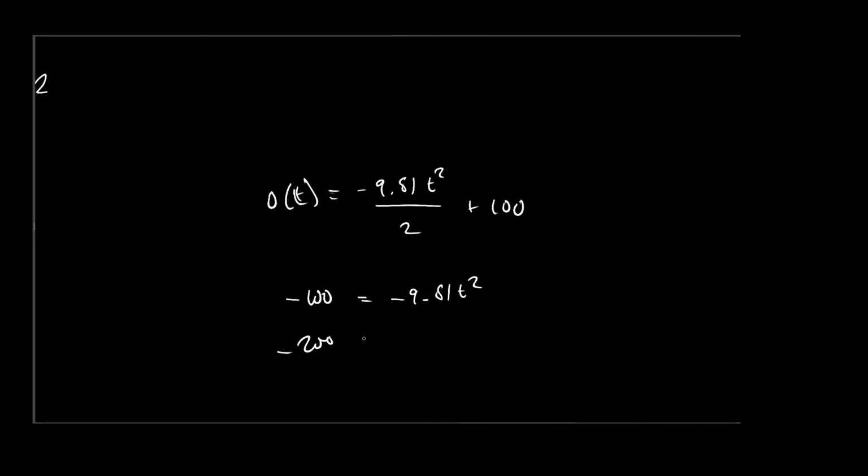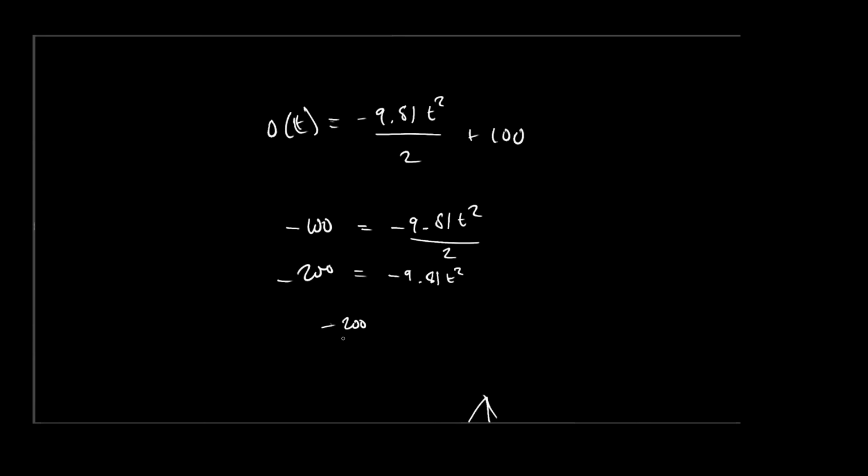Negative 200 equals negative 9.81 t squared. 200 divided by negative 9.81, and you can see the negatives cancel here, so it does make sense. T is not a negative in this case because time has been moving forward. Equals t squared, then you take the root of both sides and you get this thing.